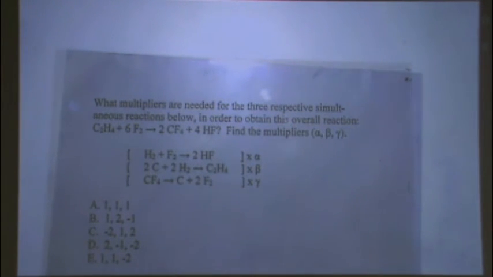No, it appears in the overall. F2, is that an intermediate? No, it appears in the overall. H2, that's an intermediate. Don't see it in the top reaction. Any other intermediates? C itself, the carbon, is not in the overall.